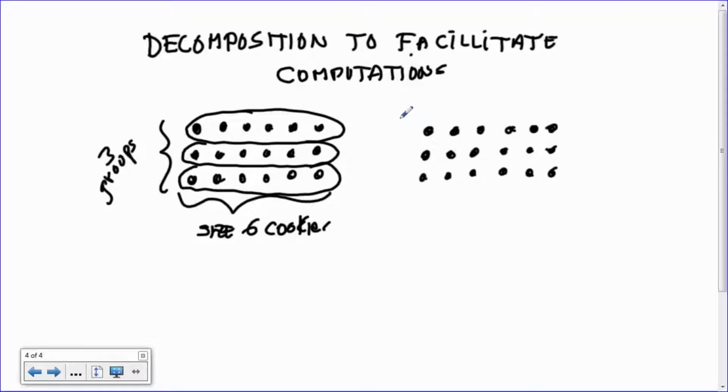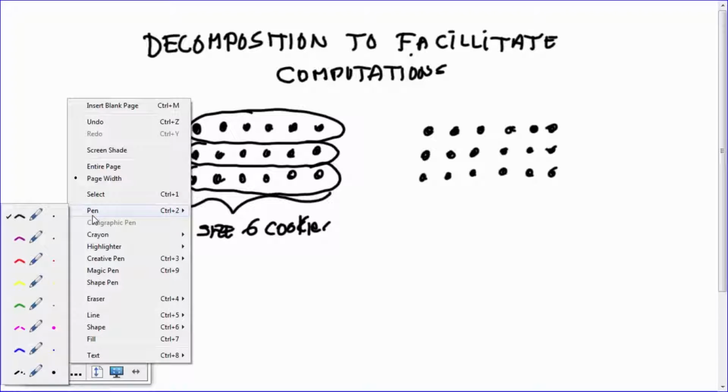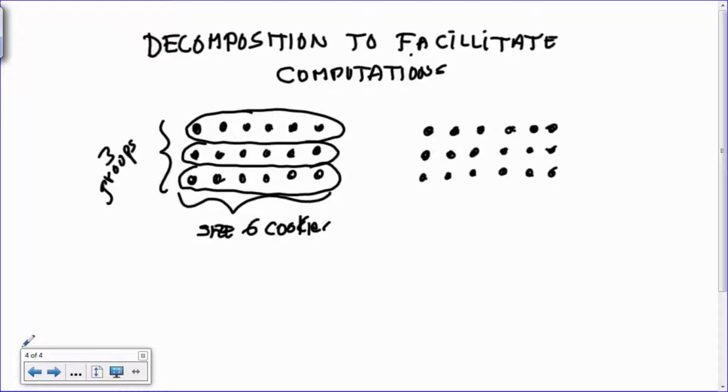Okay, and what I'm going to do, and I'm going to experiment here and see if I can pick a blue pen. I'm going to take this group of objects, and remember Piaget's conservation of number says no matter how I arrange or rearrange these objects, I will not change the size. Okay, so here's what I'm going to do.